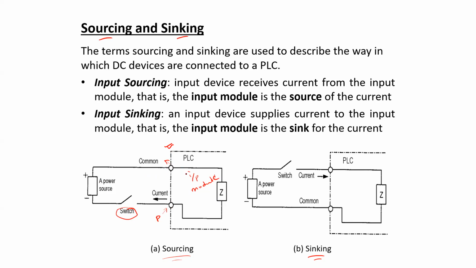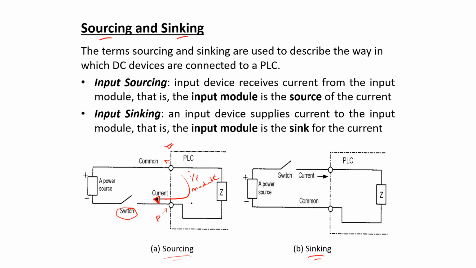For this configuration, the current is supposed to flow in this direction as the arrowhead suggests. So considering the direction of current flow, the current is flowing from the input module towards the switch.